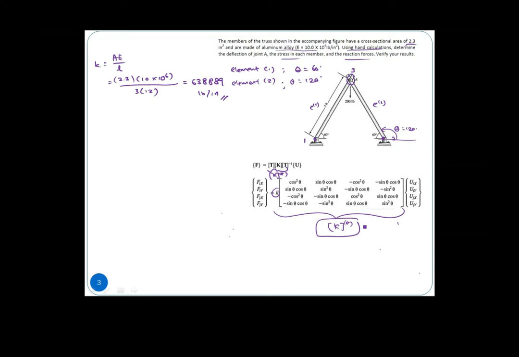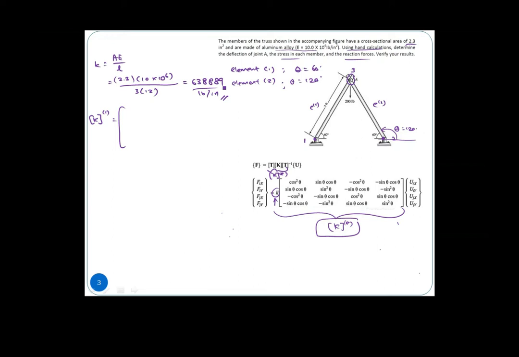So for my K1, you substitute theta, which is 60 degrees, then multiply with the k here, which is 638,889.